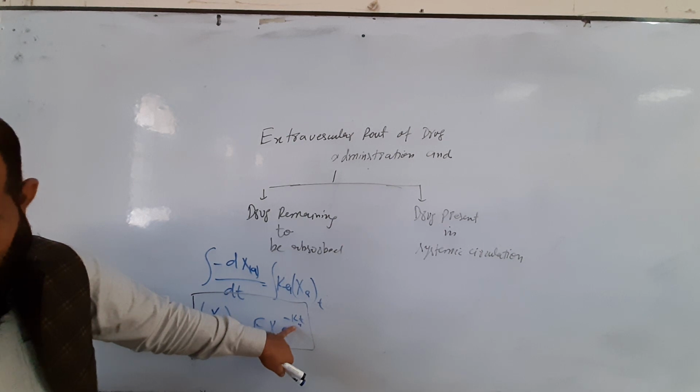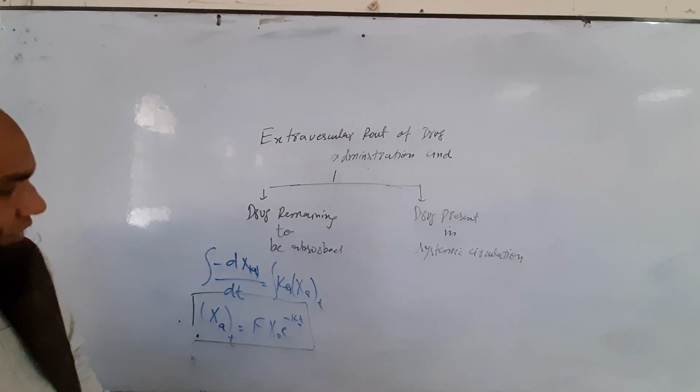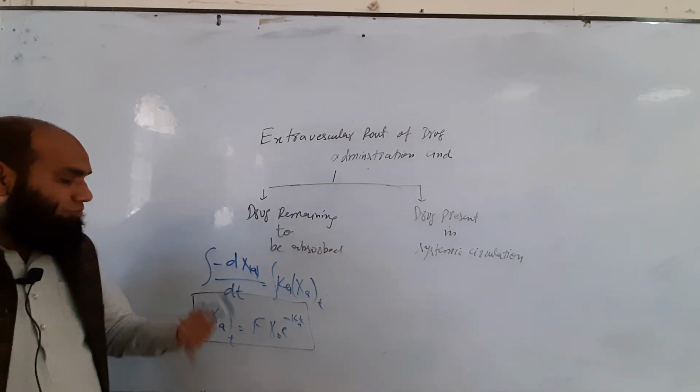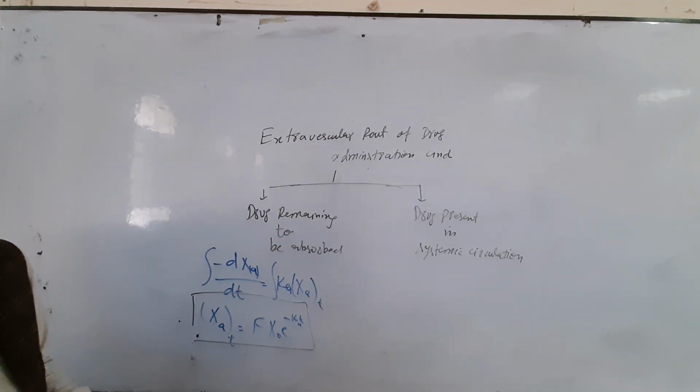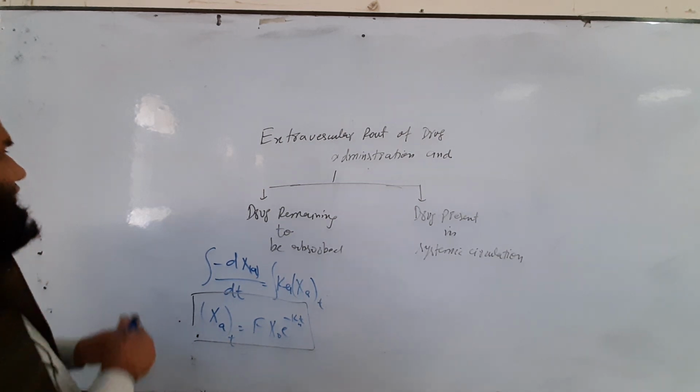So if we assume that the F value is 1, which is the percentage of drug administered to the dose, and if it is 1, then the equation is just the same.